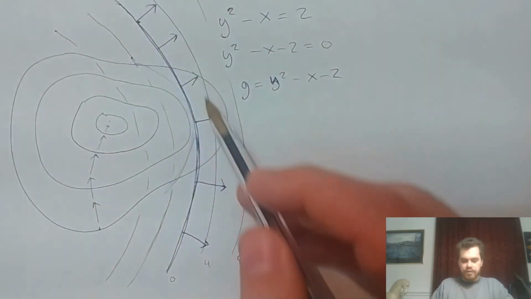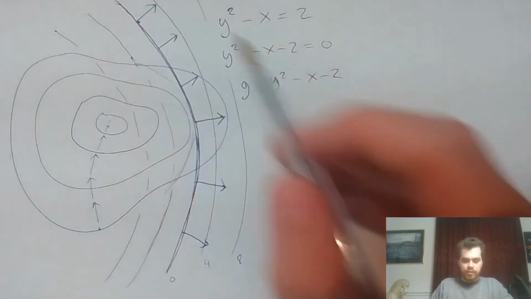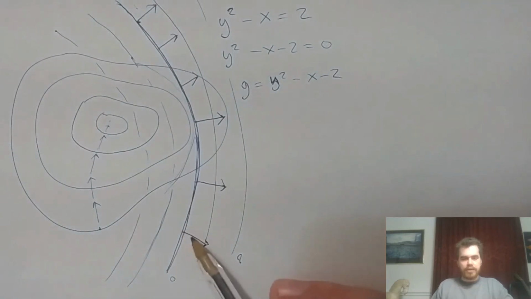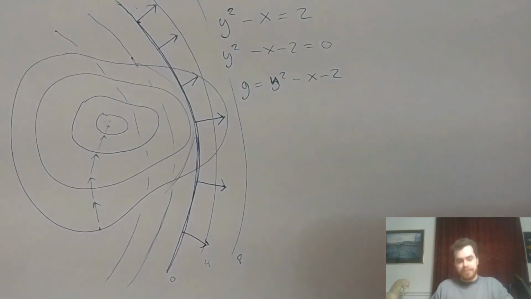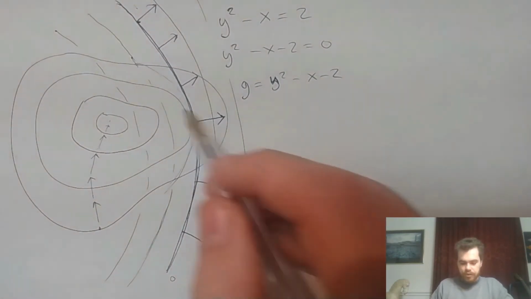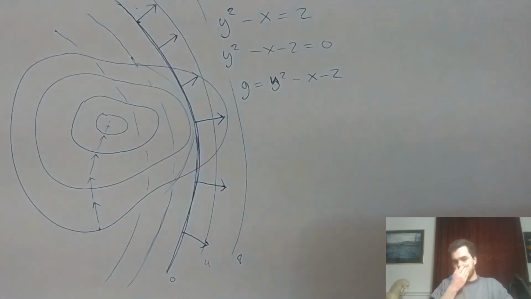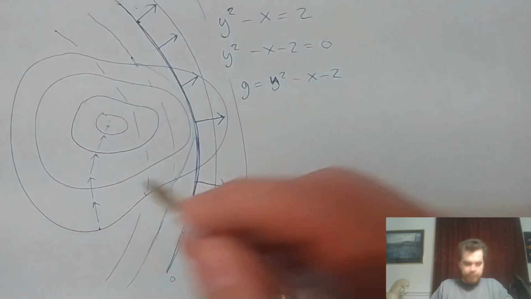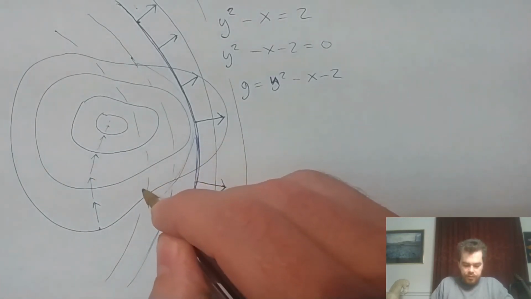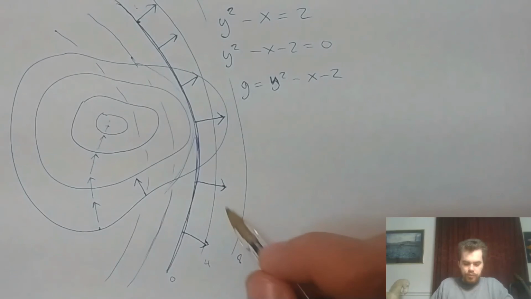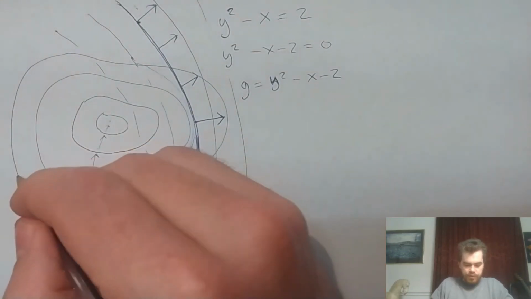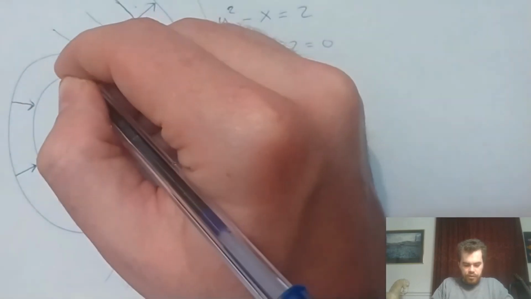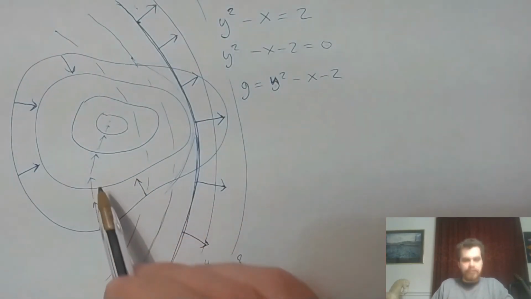Wherever we took the gradient of this function g, when we evaluate it on this line, the gradient is always going to point in the direction of steepest descent, which is going to be some direction that's perpendicular to the line at that point. Meanwhile, remember over here when we took the gradient, it was also always pointing in the direction of steepest descent, the Jacobian. So what if we were to find the Jacobian of this function all over, and it's always pointing in the direction of steepest descent.